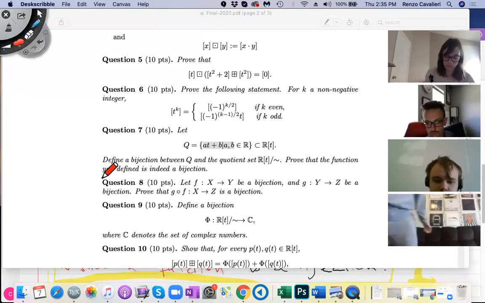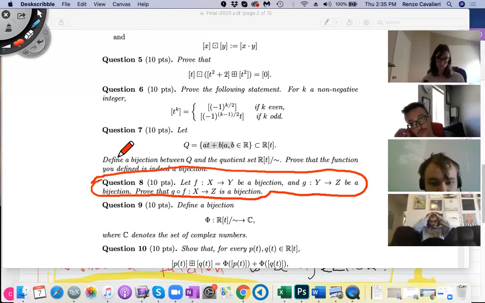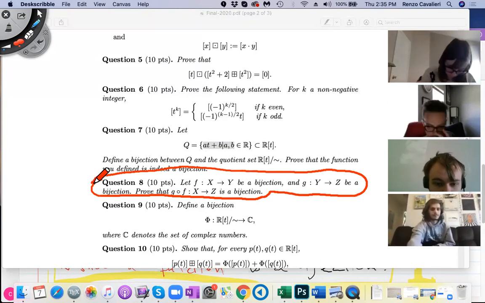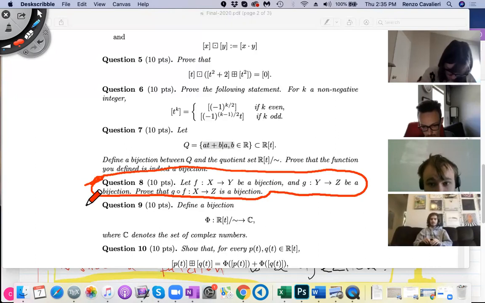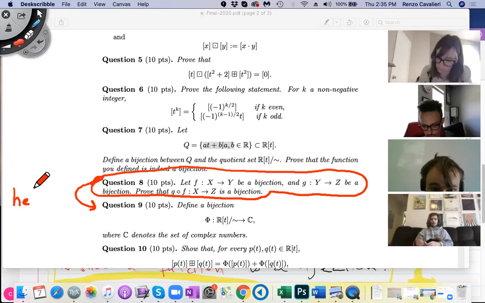Again, it's not related to this specific problem of polynomials. It's a general theory question. But the reason that I put it here is because I'm hoping that question 8 will help you answer question 9.